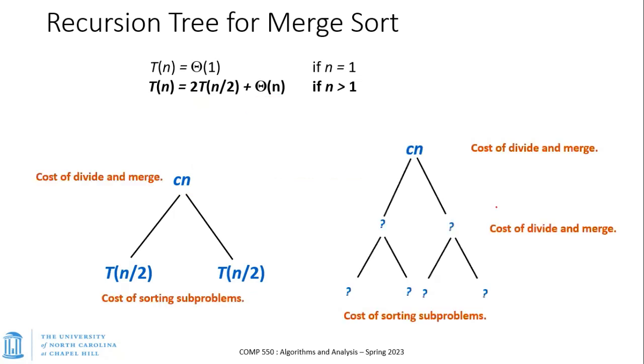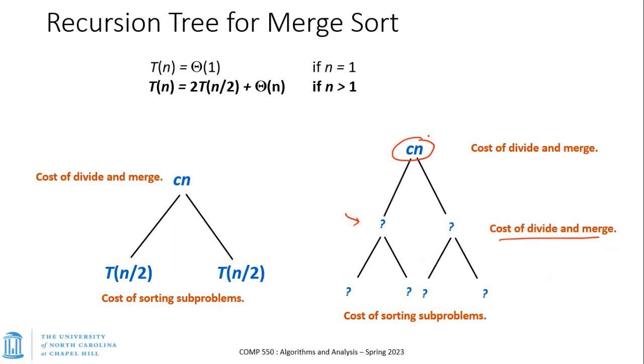So let's take a look at the next stage. We know Cn. Now, what would be the cost of divide and merge at the layer below it? How much would that be? Any thoughts? We already know this is going to be Cn. If you have divided up into two smaller parts, just take a look at one smaller part.